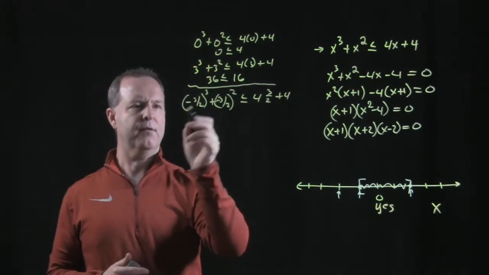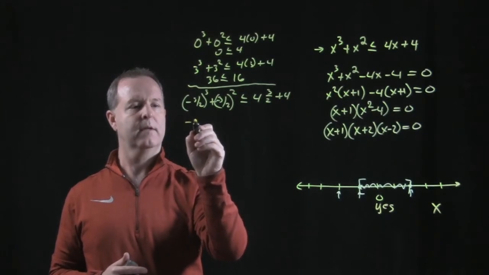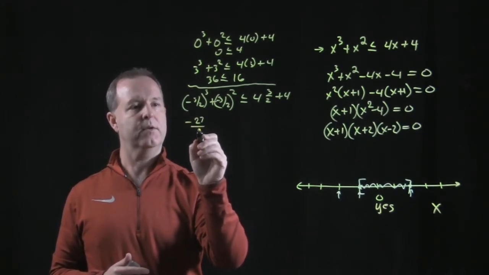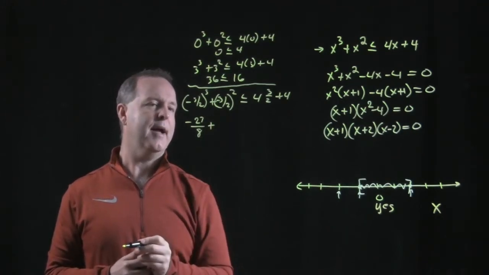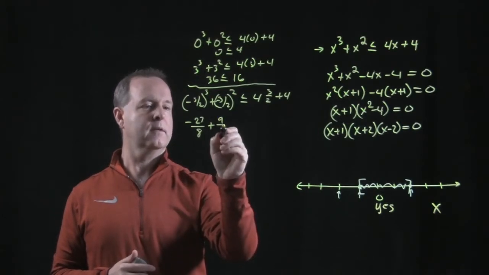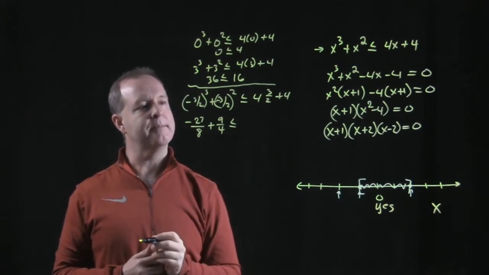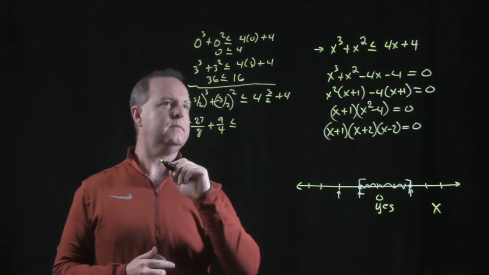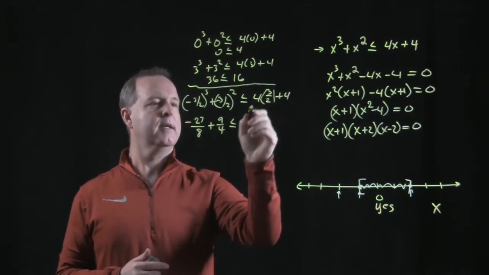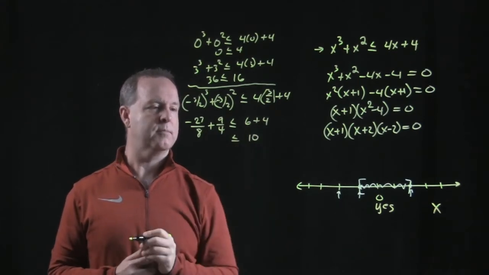All right, -3/2 cubed gives me negative 27 over 8, plus -3/2 squared is 9/4. Is that less than this? 4 times 3/2 gives me a 6, plus a 4, which makes a 10.